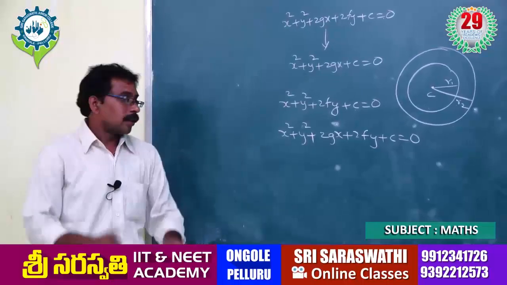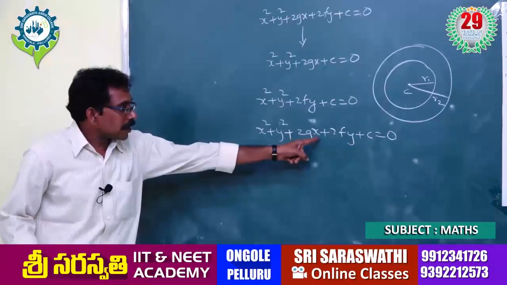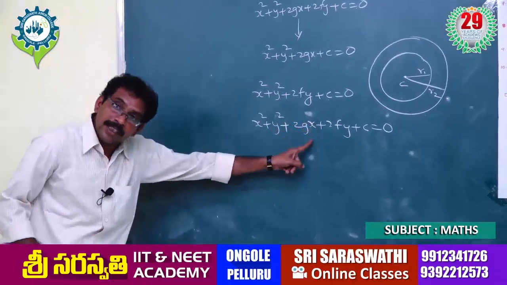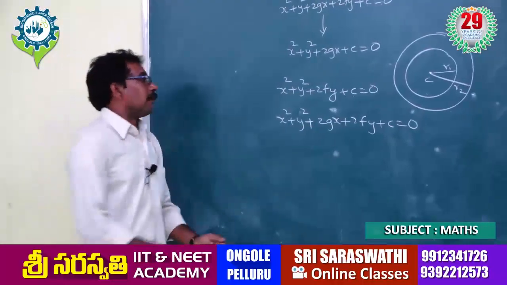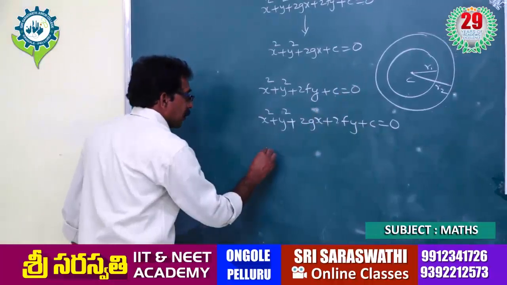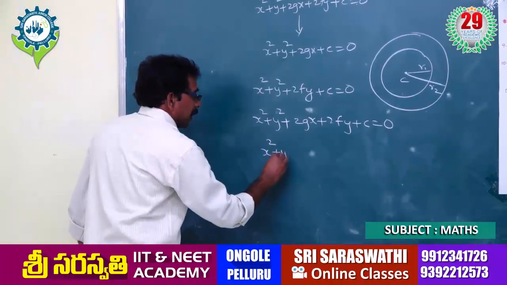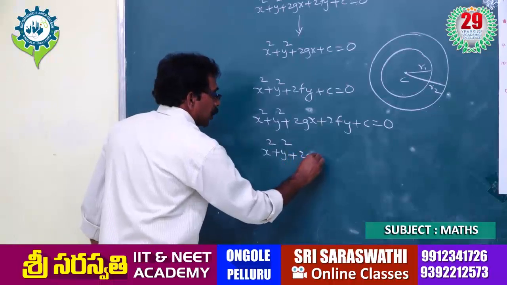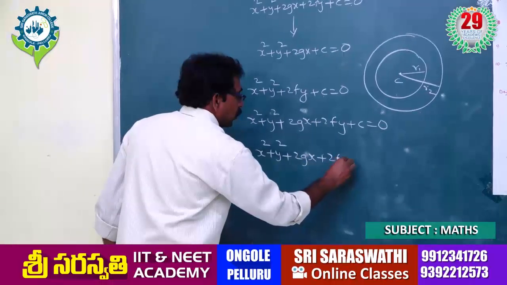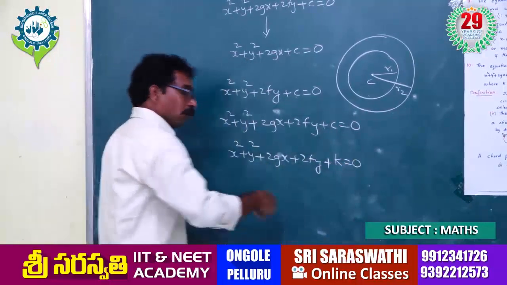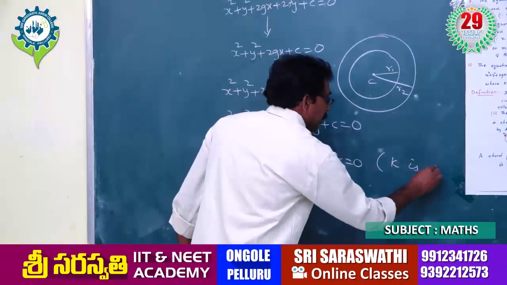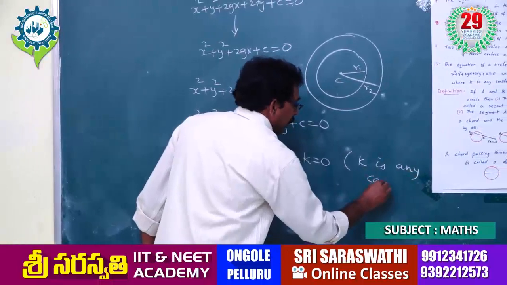If we want to write the concentric circle for this circle, then we can write x square plus y square plus 2gx plus 2fy plus k is equal to 0, where k is any constant.